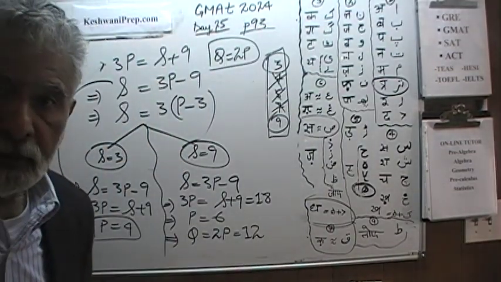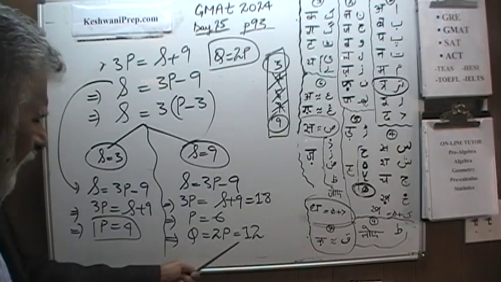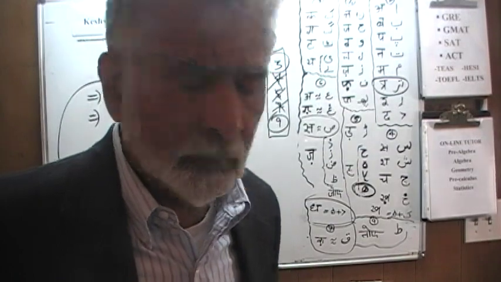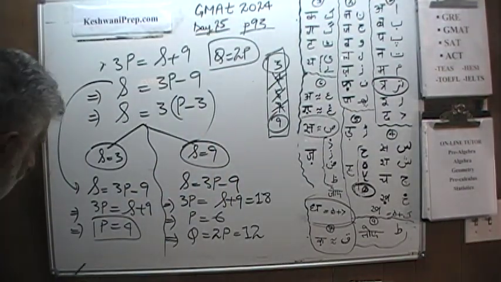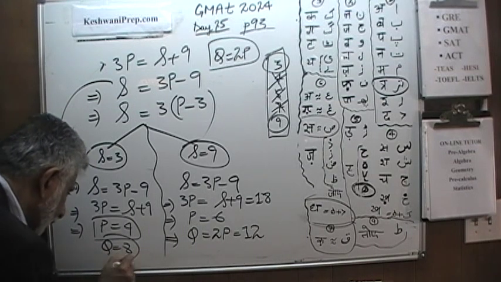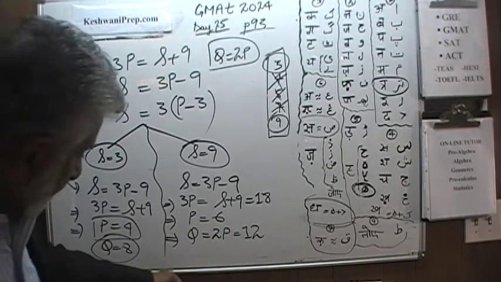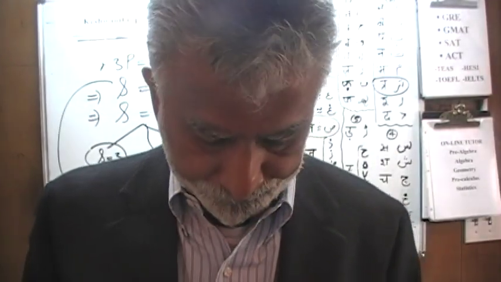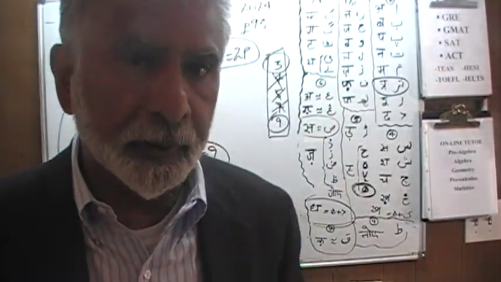Q is a digit. A digit cannot be 12. But here it does work. If p is equal to 4, q can be 8, and everything, as we say in the desert, is hunky-dory. I'll see you tomorrow. Bye now.